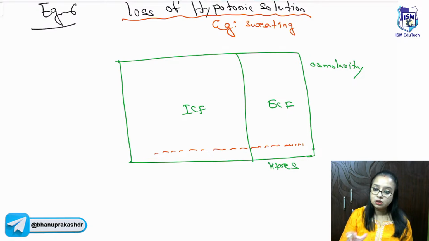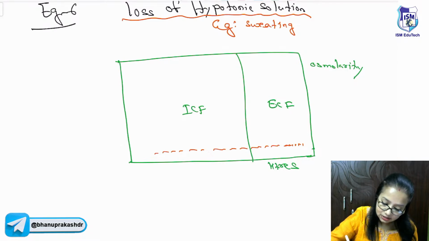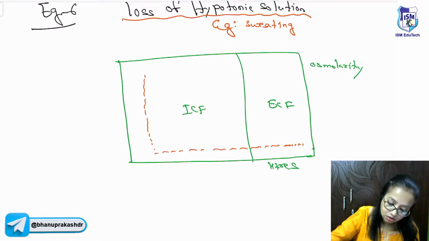So when more water is going out and less of the osmolarity is going out, what will happen? There will be an increase in the osmolarity. Because now since more water is going, the minerals that are staying are making the body fluid in the ICF and ECF thicker. As a result, the osmolarity line goes up.